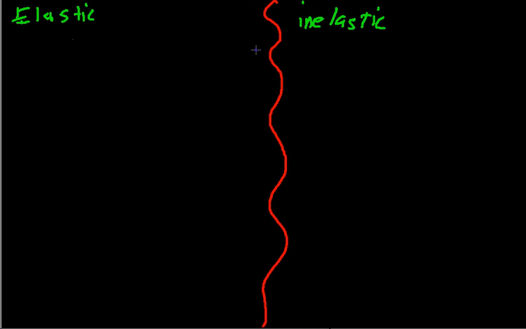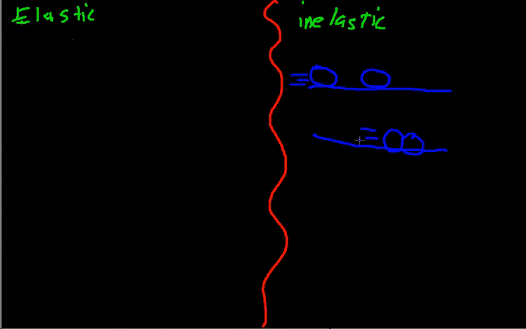Imagine here's the floor, and we have a ball moving this way, and another ball right here that is stationary. After the collision, the two balls would now be moving as if they were stuck together.